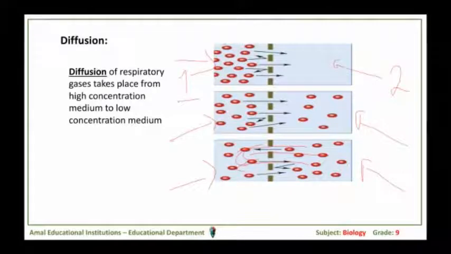So, the principle of diffusion is that diffusion takes place from high concentration medium to low concentration medium. We mean here that oxygen gas diffuses from a medium which is rich in oxygen to a medium which is poor in oxygen.